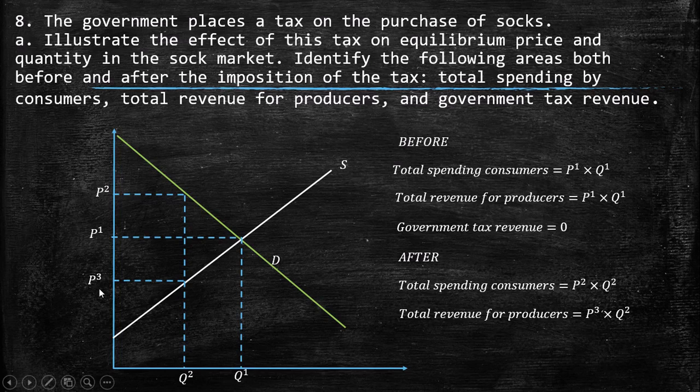They will receive P3 because part of this P2 is for paying the government. So the total revenue will be P3 times Q2. And what about government tax revenue? They will receive T, the size of the tax, which is the same as P2 minus P3, times the quantities that there are going to be in the market. So this is going to be Q2.